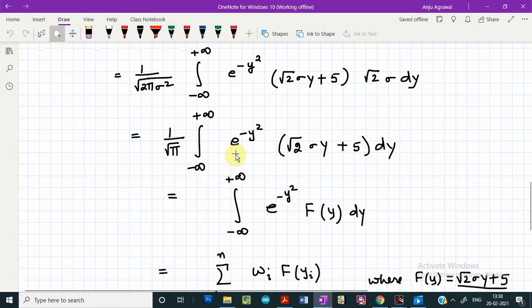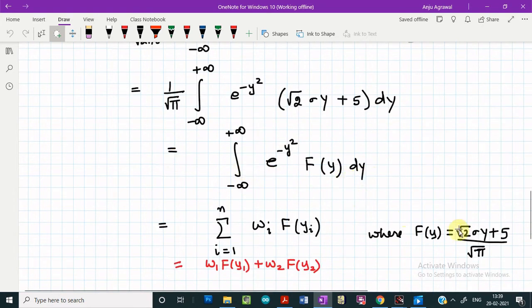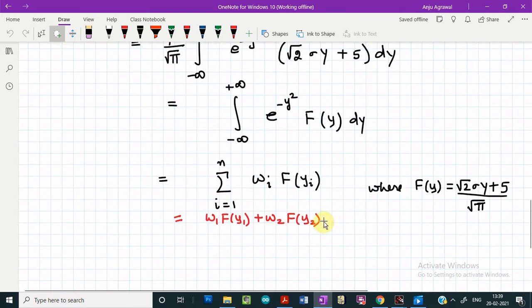Now we can finally write this integral in this form, where f(y) is the term within this bracket divided by square root of y. So now we have this standard form, and we can make use of the Hermite quadrature method and approximate this integral by the summation. If we are using a 2-point quadrature method, then we will be taking n as 2, and we'll be left with only 2 terms.